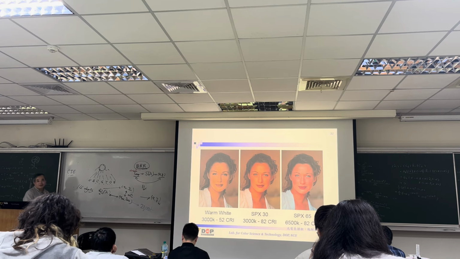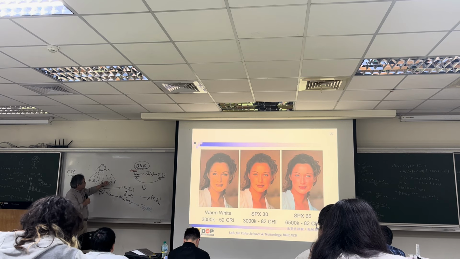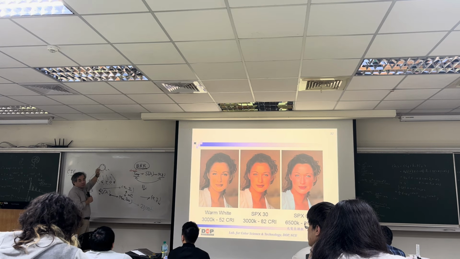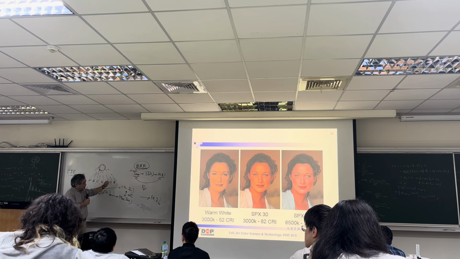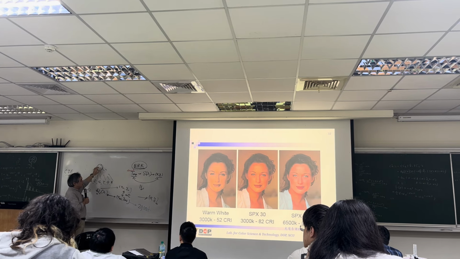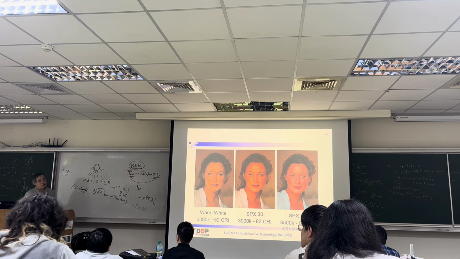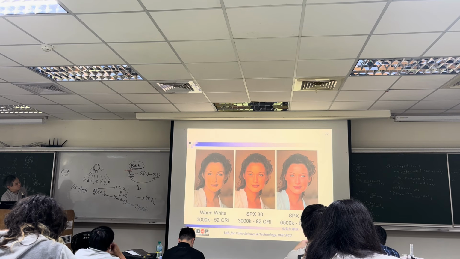It's not so easy, but the idea is easy. Try to find a point most close to your test color point, and use the corresponding color temperature as your representative color temperature. So it will become correlated color temperature, CCT.